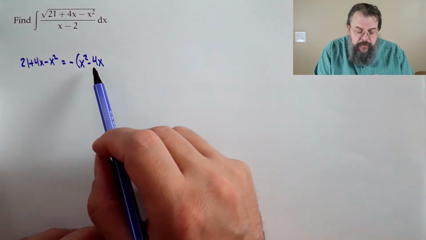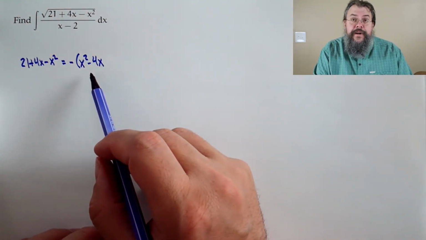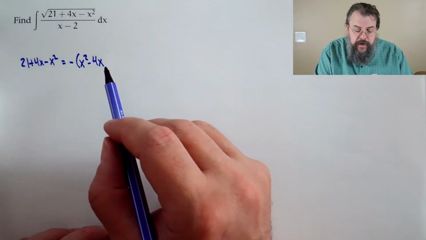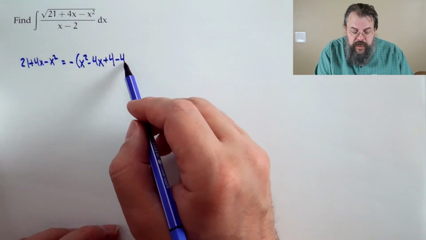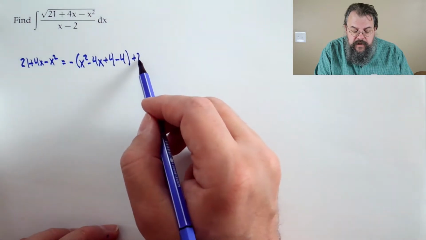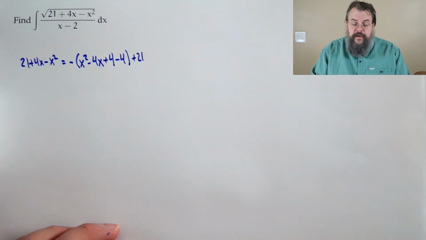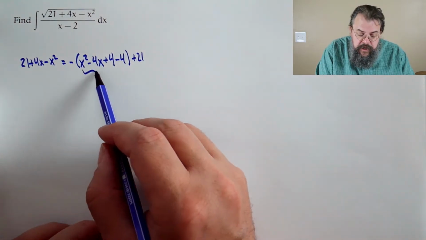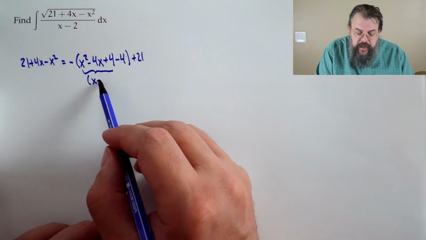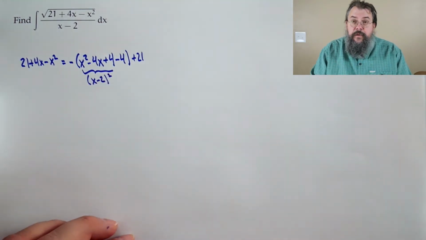If we complete the square here, minus 4 divided by 2 is minus 2, squared, means you would add 4. Well, now I'm going to subtract 4 right away, and of course I'm not going to forget there was a 21 at the start.